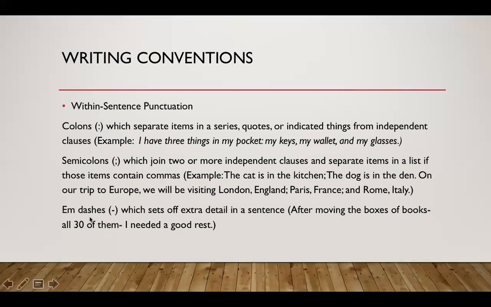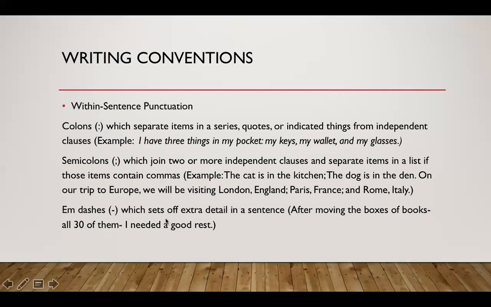So, the em dash, which sets off extra detail in a sentence. So for example, after moving the boxes of books—all 30 of them—I need a good rest. So the use of em dashes is really to make emphasis, and it's part of stylistic writing.